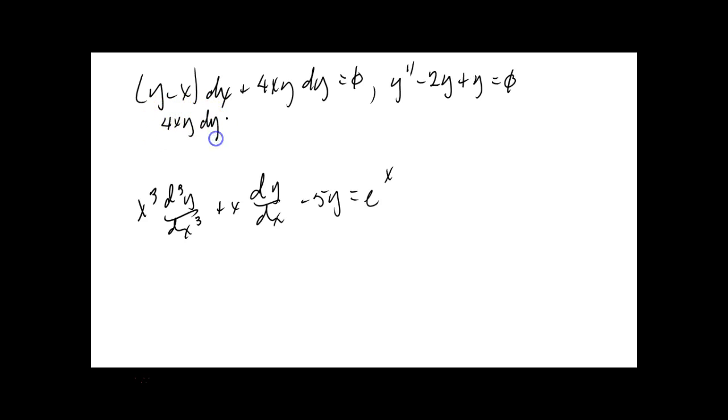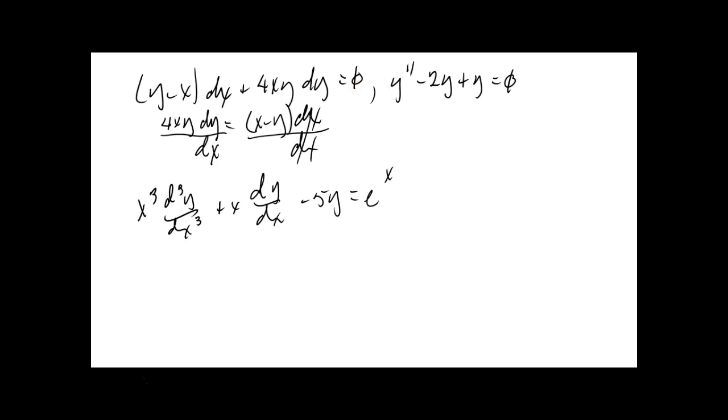4xy dy is equal to, I'm subtracting this term from the other side, so I'm going to do it this way: (x minus y) dx. I subtracted it by flipping those two. Now, I'm not dividing by dx, but I'm rewriting it in this form.